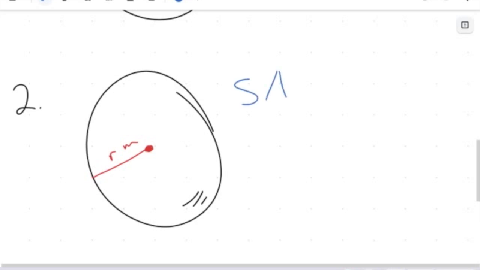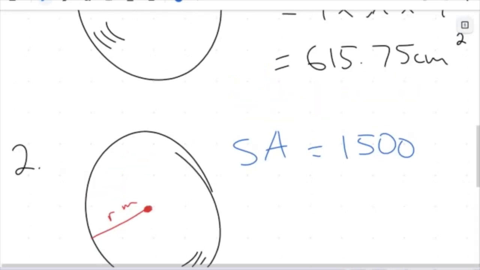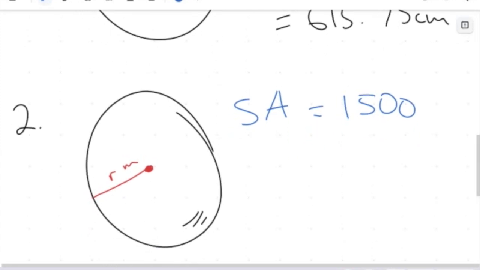This has a surface area of, let's go, 1,500 meters squared. So we want to actually find this time what the radius is.